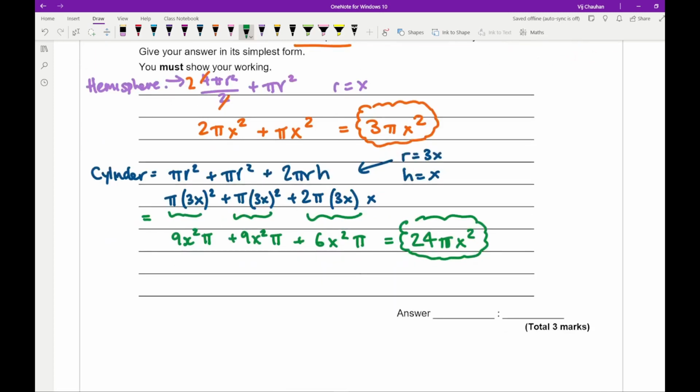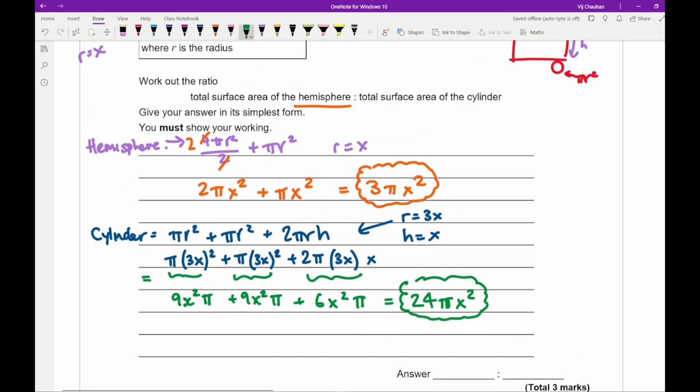Now the question's asked me to write the ratio between the two. So looking at this, the total surface area of the hemisphere is going to be, running out of colours, so let's go for blue. So the ratio of the total hemisphere is 3 pi x squared, and the total surface area of the cylinder is 24 pi x squared.